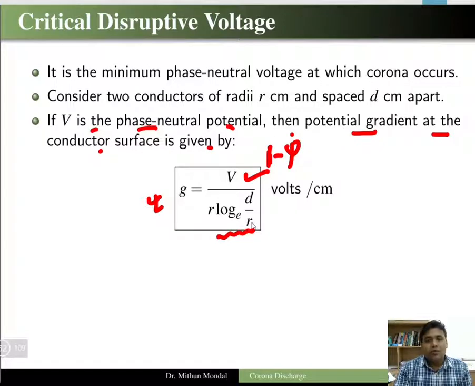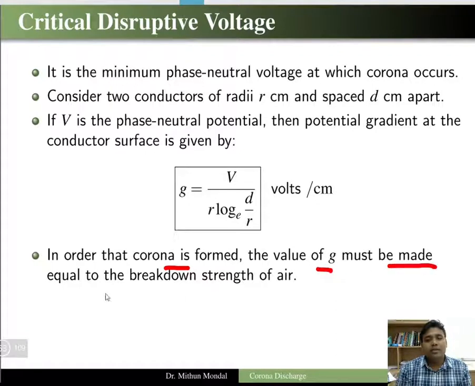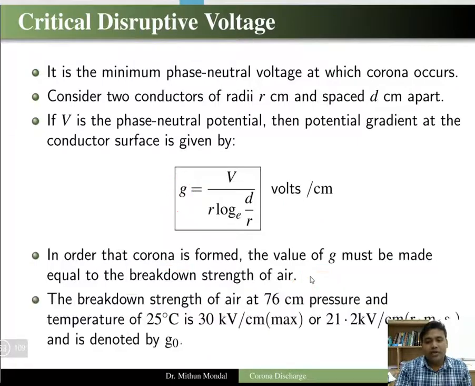So this is the potential gradient. In order that corona is formed, the value of G must be made equal to the breakdown strength of air. So to produce corona, this potential gradient G, whose unit is volts per centimeter, has to be made equal to the breakdown strength of air.